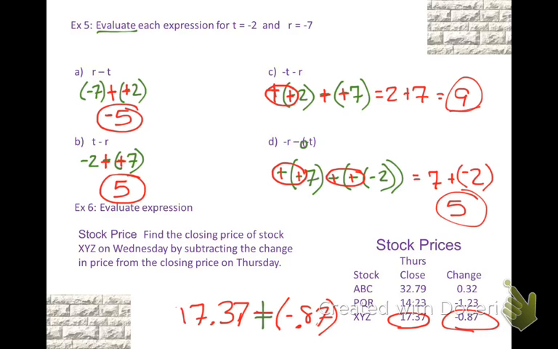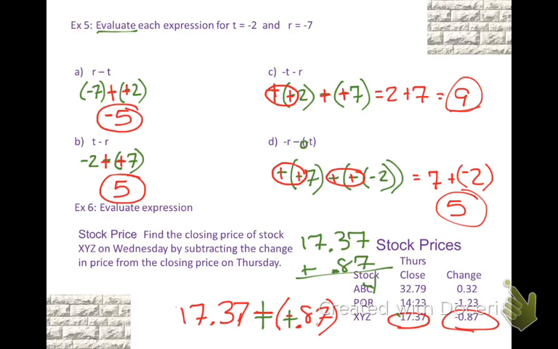And then the opposite of -0.87 is positive 0.87 or 87 hundredths, whatever you want to call it. Now we're going to add them together because they're both positive. So it's going to be 17 and 37 hundredths plus 87 hundredths.